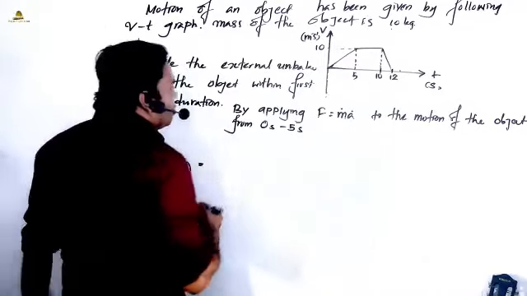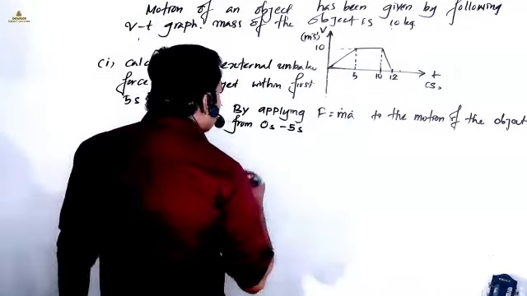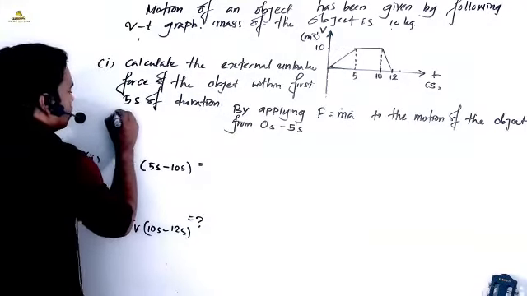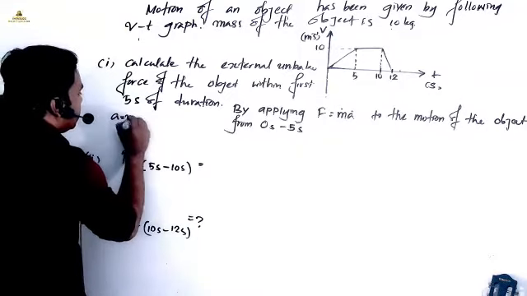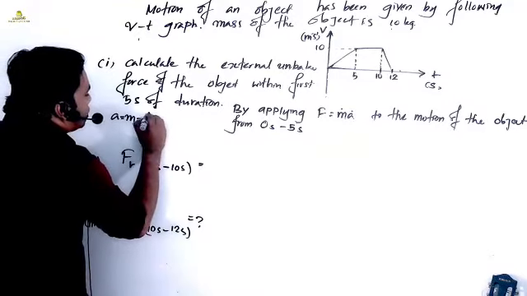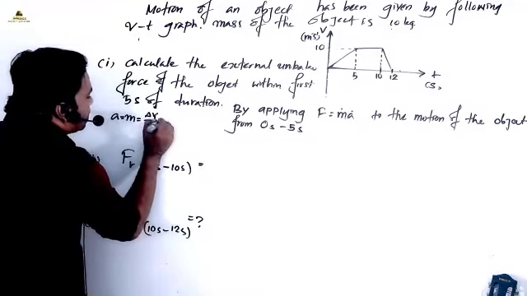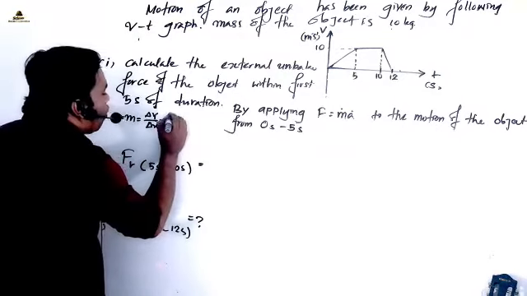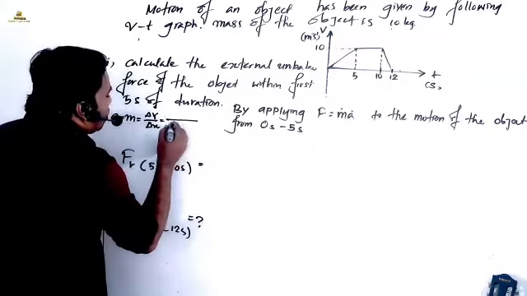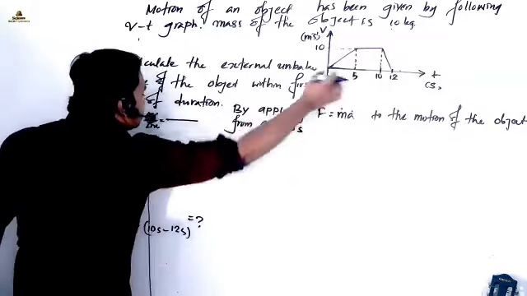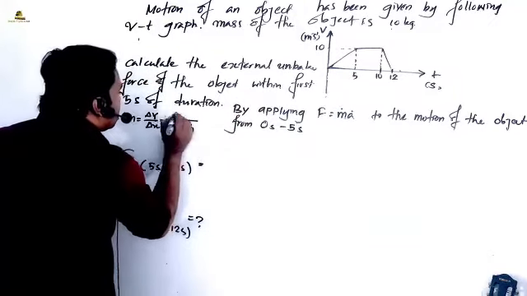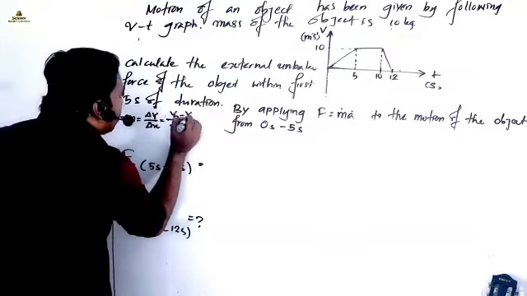Therefore, first you calculate acceleration equals gradient. Gradient equals, yes, delta y upon delta x. That means change of y over change of x. So what's the change of x? 0 to 5. That means x2 subtraction x1. So corresponding y2 subtraction y1.